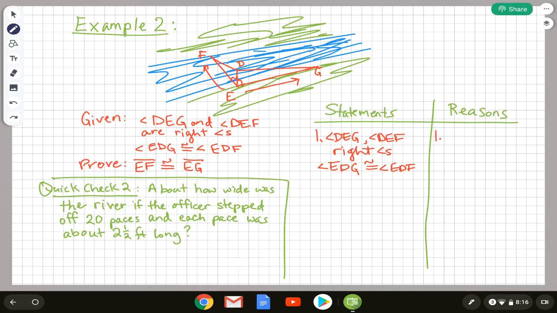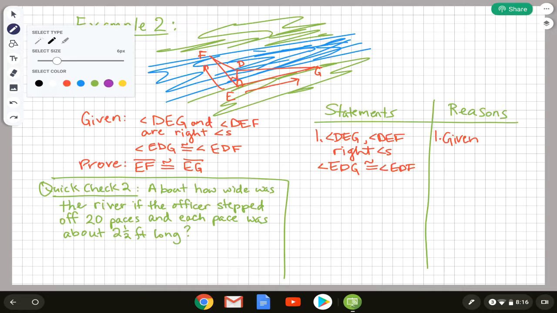All right, so let's look at where those are. Let me change to purple. Angle EDG is at the top, and angle EDF is also at the top in the other triangle. So we have two right angles, we have the top, and then can you guess that we might use that shared side to get another part of the triangle?